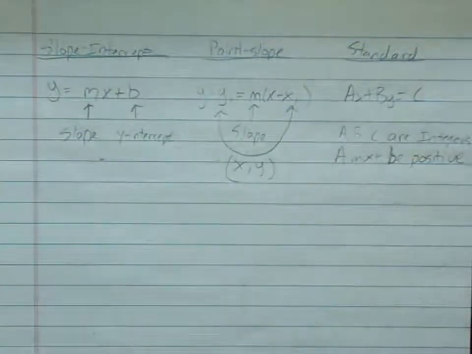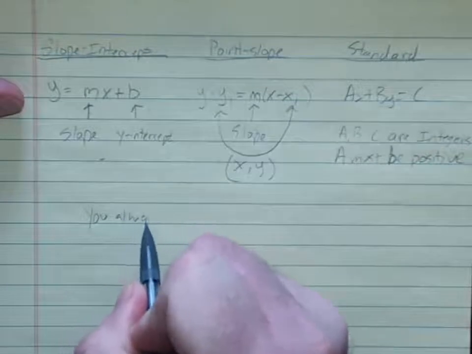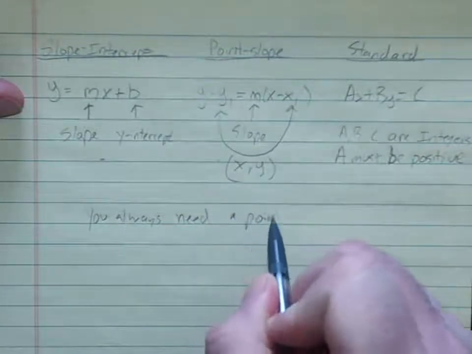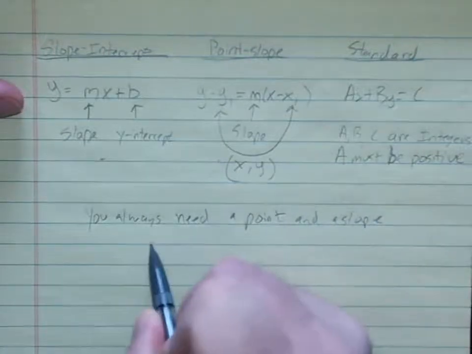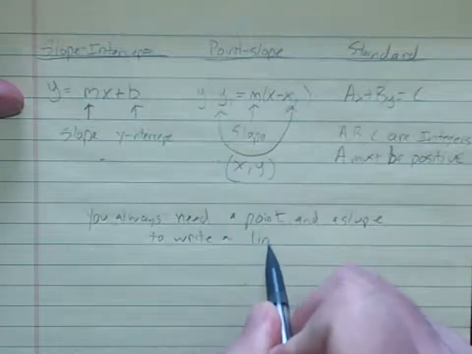In order to write them, you need to have two things every time: a point and a slope. Now, you can get those things a bunch of different places, a bunch of different ways. So here's what you need. You always need a point and a slope to write a linear equation.